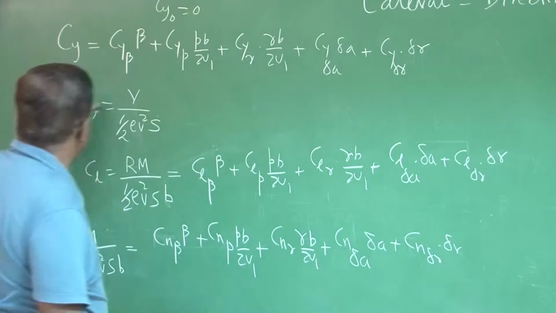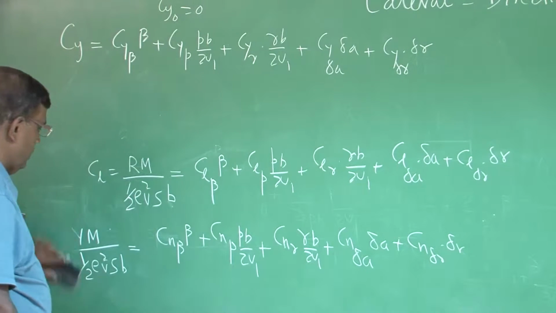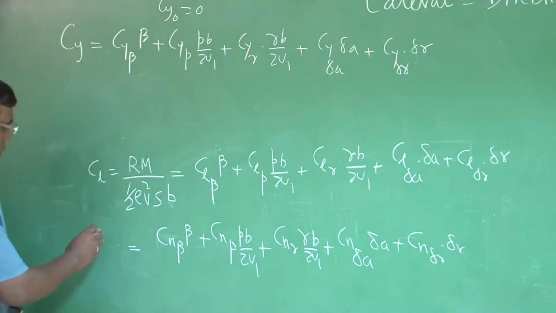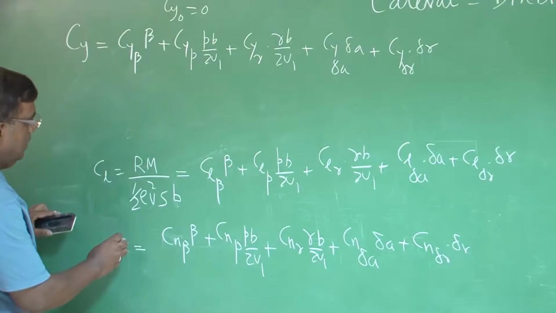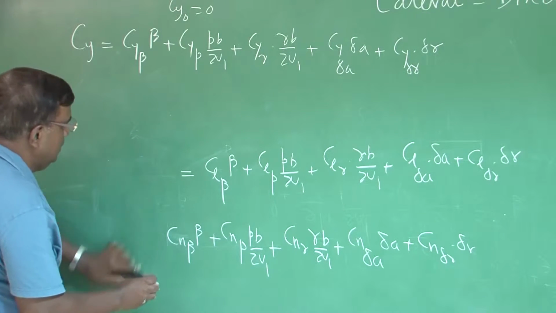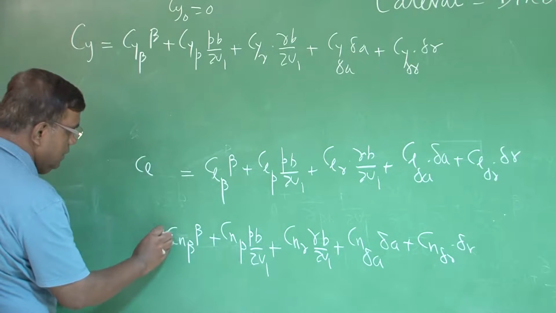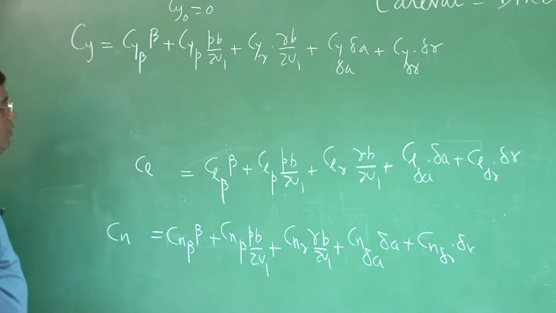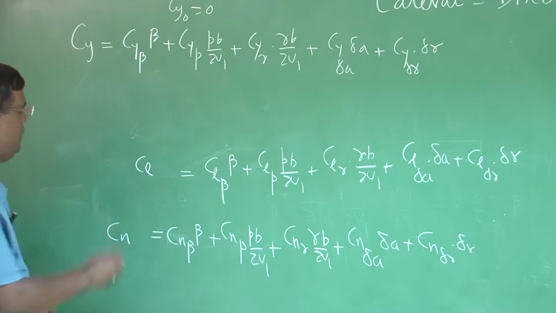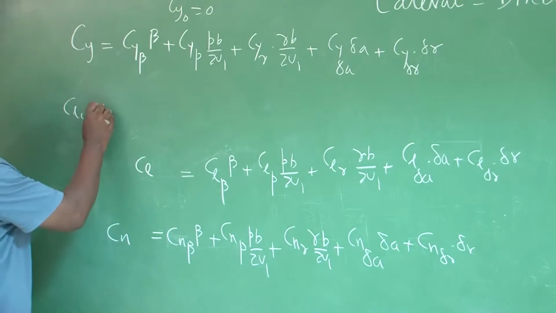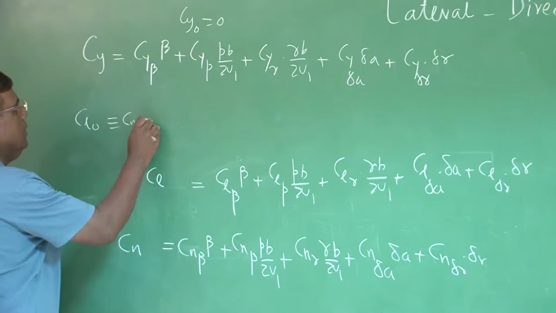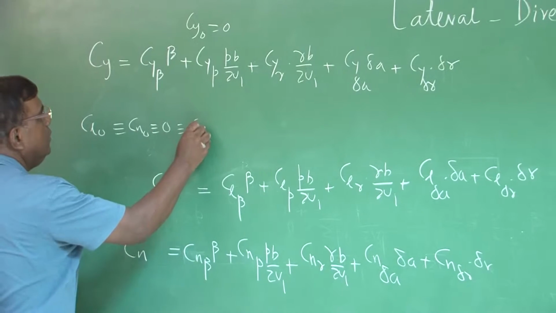So now, if I erase this to make the board clear, so I write this is Cl. So this is Cl, this is Cn. It goes without saying that we have put Cl naught and Cn naught identically equal to 0.